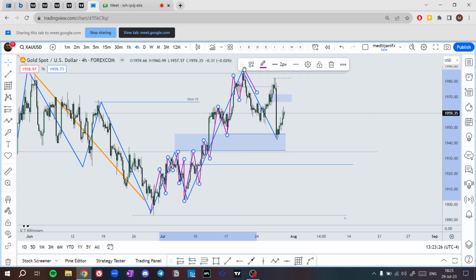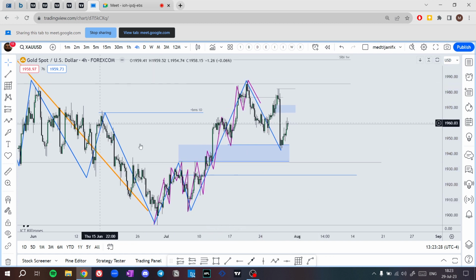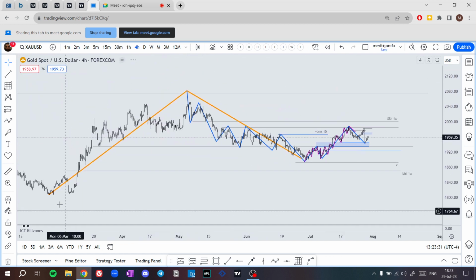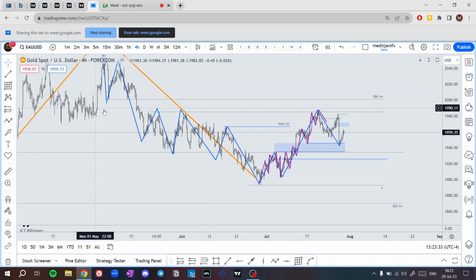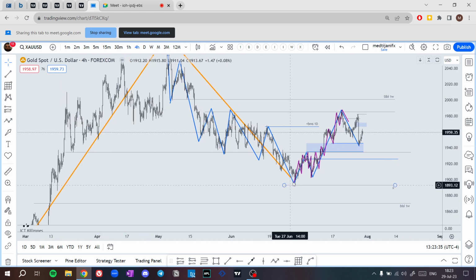Once price is here at this point, we had the weekly bullish, the daily bearish retracement, then the daily has shifted to bullishness, right?